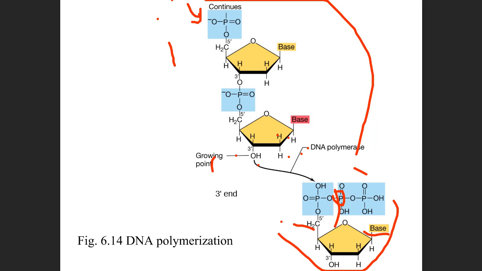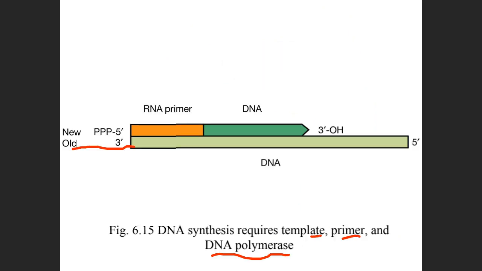Okay. So now if you go back to this diagram, now you understand why this is true this way. The DNA polymerase will only add nucleotide to a free 3' end. So that means that because of this reaction, the DNA can only be extended at the 3' end.